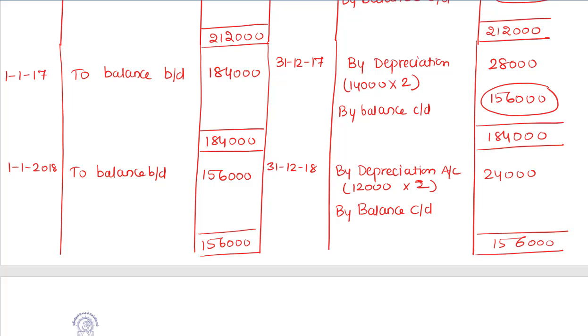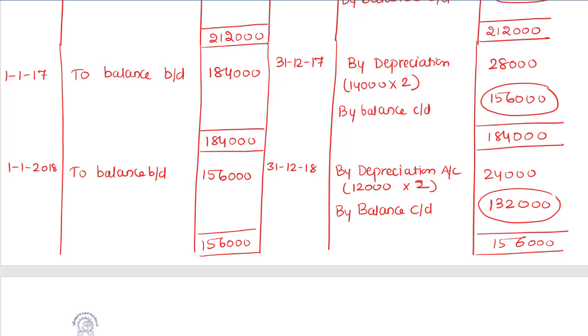Do it on your calculator. 1,56,000 minus 24,000 is 1,32,000, by balance carried down.